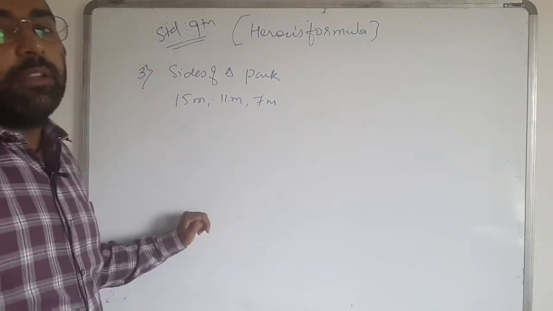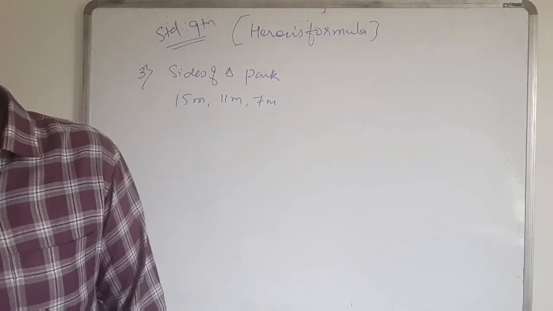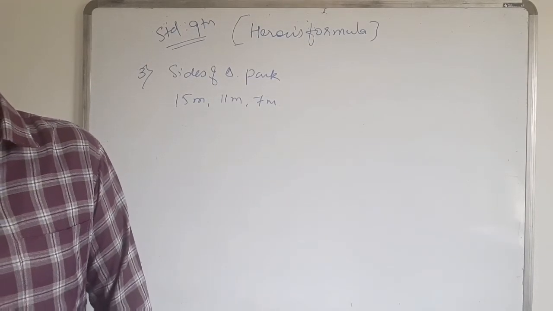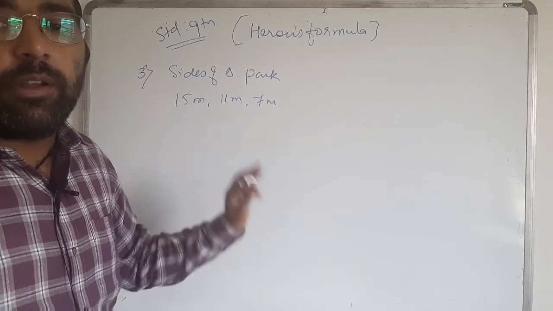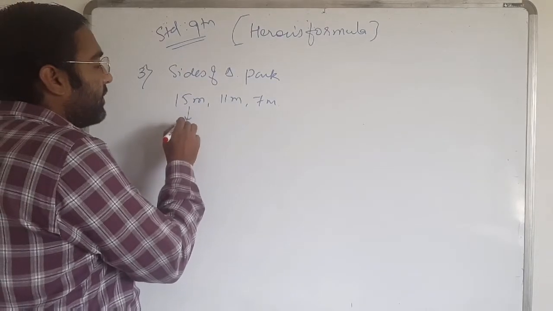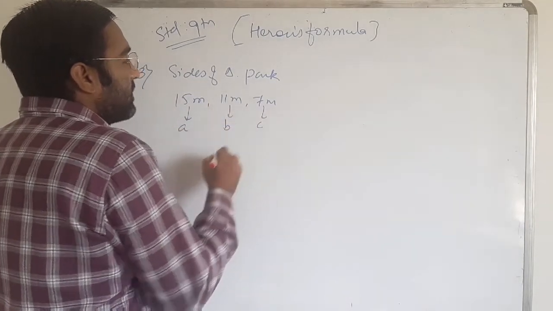Okay, now we have to paint this triangular park. So find the area painted in color. We have to find the area of the triangle. So we take 15 meter as a, 11 meter as b, and 7 meter as c.